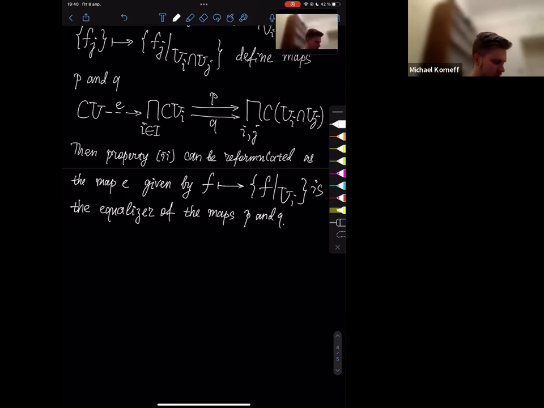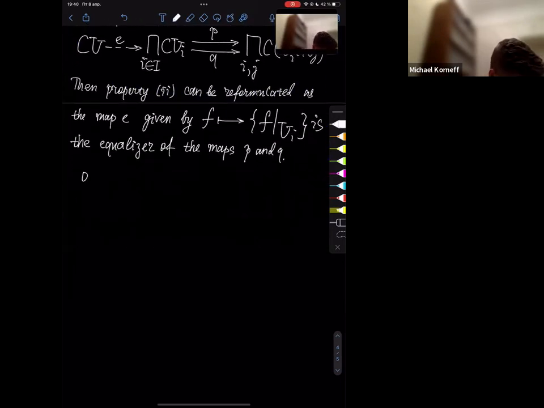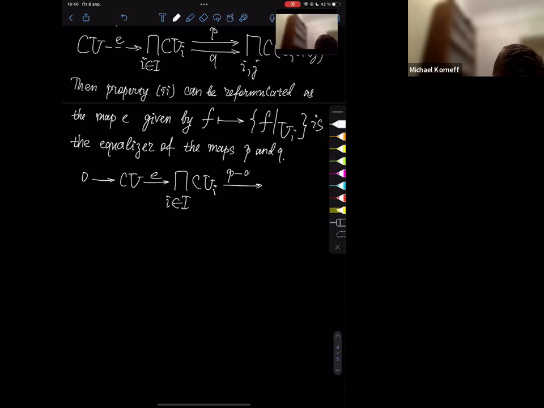And in this setting, we can reformulate this diagram in the following way: we can consider the following exact sequence.